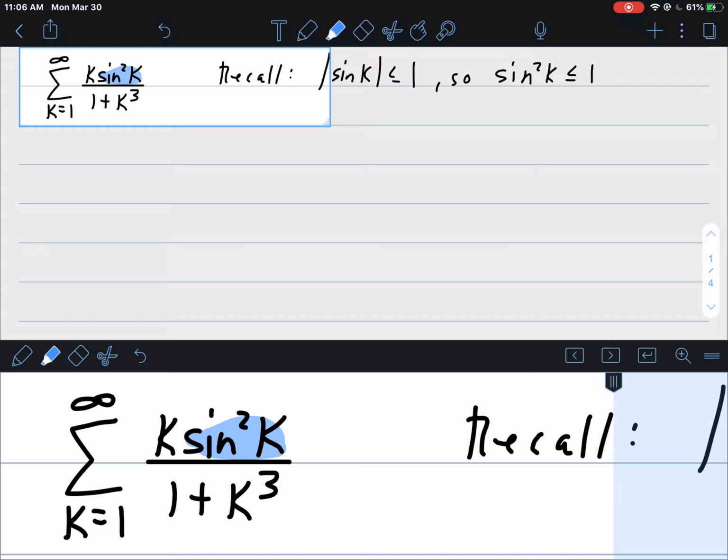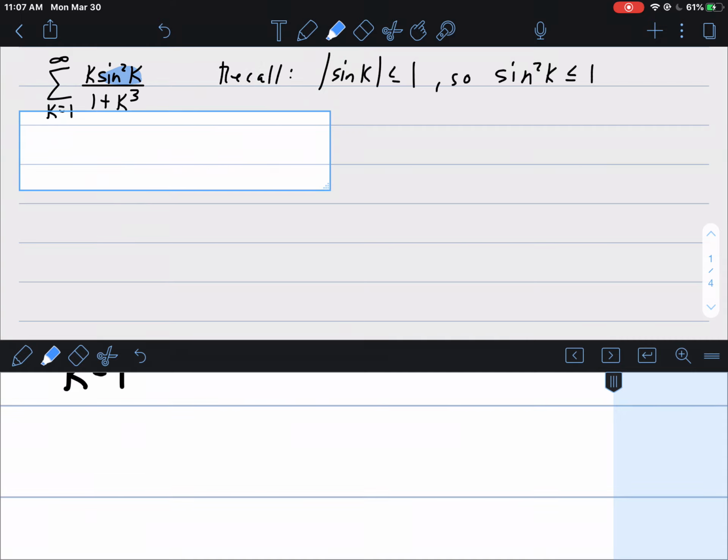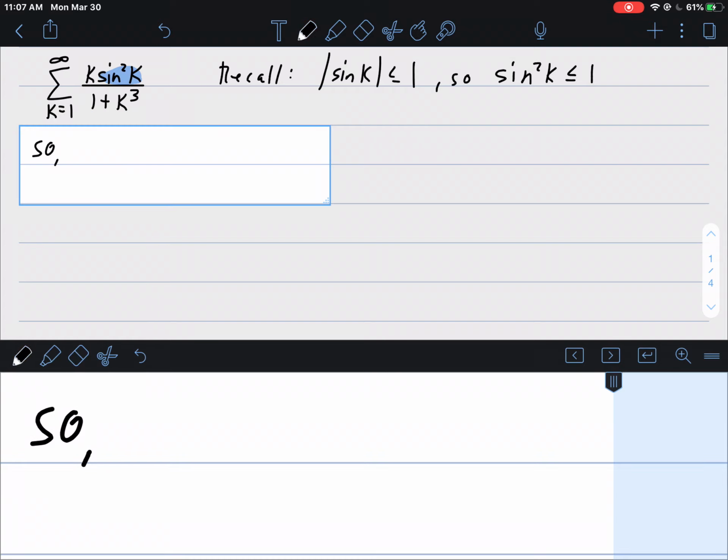Well, since sine squared k is less than or equal to 1, then k over 1 plus k cubed times sine squared k would have to be less than or equal to k over 1 plus k cubed. Let me write it this way.